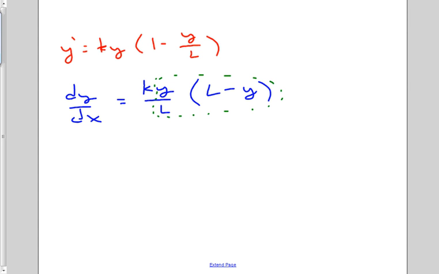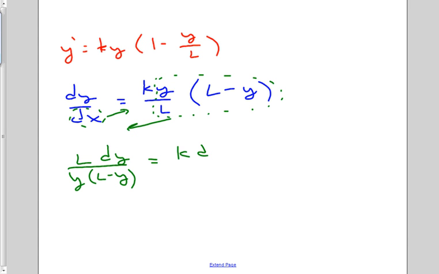What we get left with is L dy over y times L minus y equals k dx.